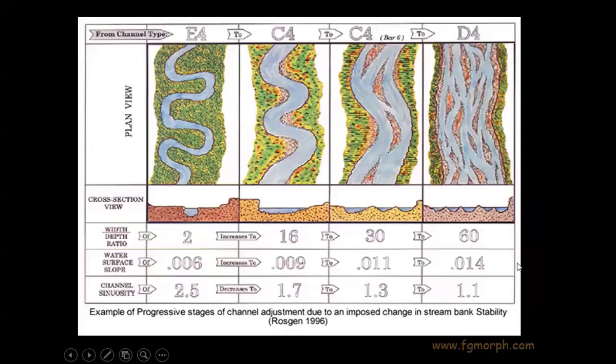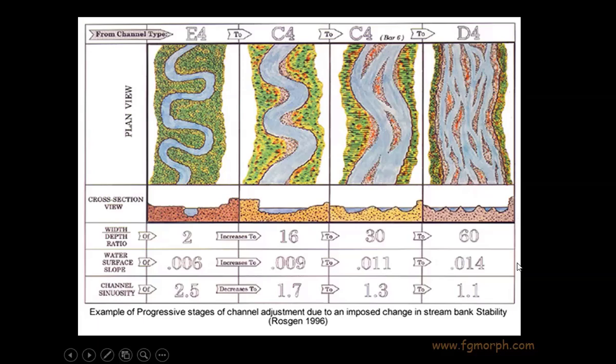All right. So we can get channels that look really different, and you don't need to know really any of this, but just to show an example of how channels can look very different. This is from a cartoon put together by Dave Rosgen, who's really involved in the practice of stream restoration. For stream restoration to work, you have to know what kind of channel you're recreating.